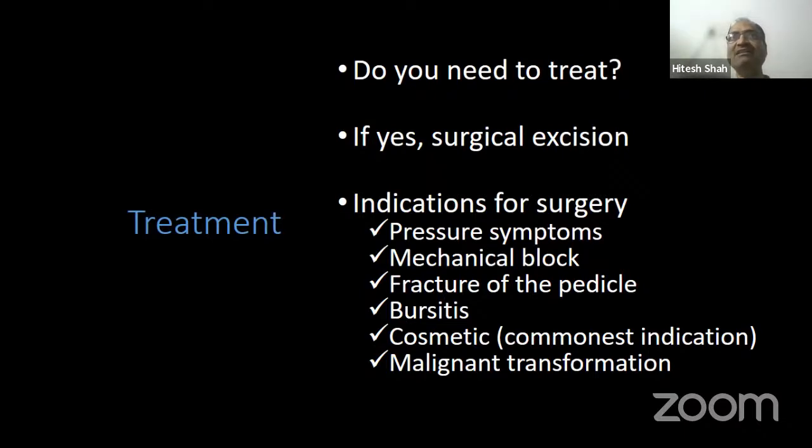Similarly, if there is multiple osteochondromatosis, always examine the neurology in quite detail, because you may find an intraspinal osteochondroma, and it will be well detected by careful neurological examination.